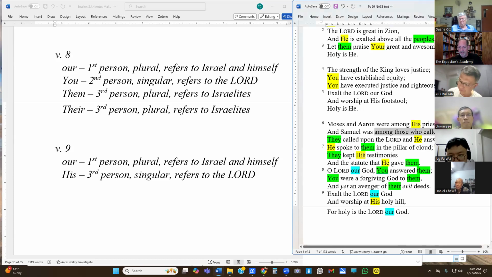Samuel called on his name. They called upon the Lord. He answered them. And then verse 8: "O Lord our God, you answered them. You were a forgiving God to them." I think there's emphasis here. If he were just to say he answered them, he was a forgiving God, that would be true, but it would be like making statements: this is what happened.